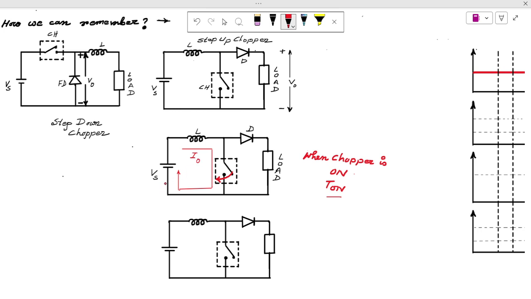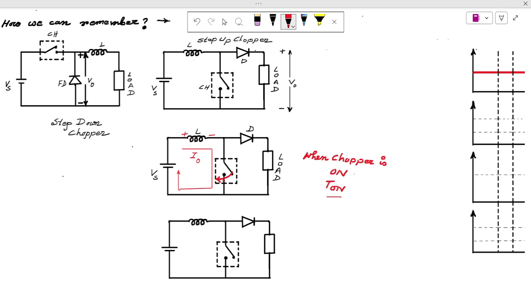When current flows, the inductor will be charged with positive and negative polarity. What will be the voltage across the inductor?